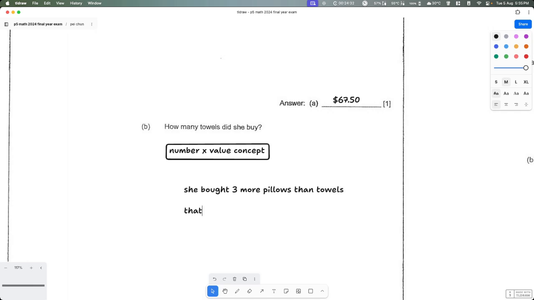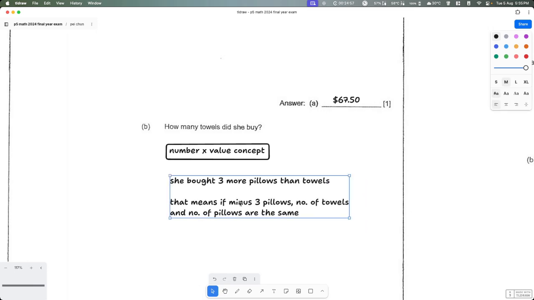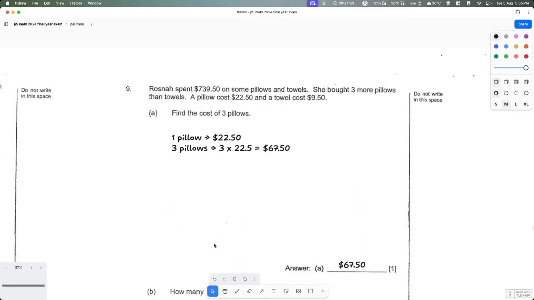That means if we minus 3 pillows, the number of towels and the number of pillows are the same. Okay, all right. So from there what we can do is we can just minus.